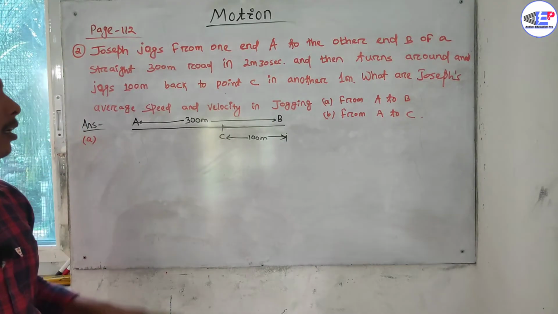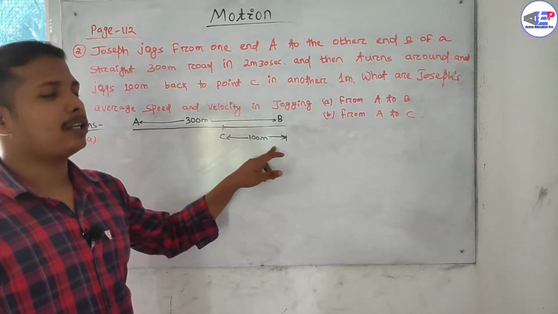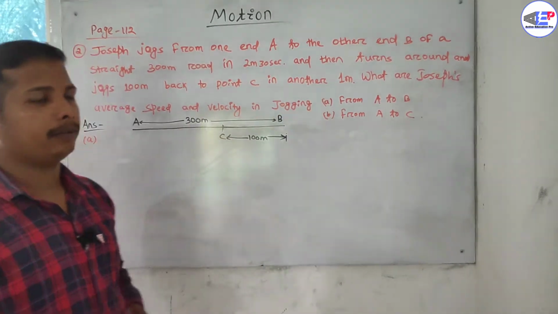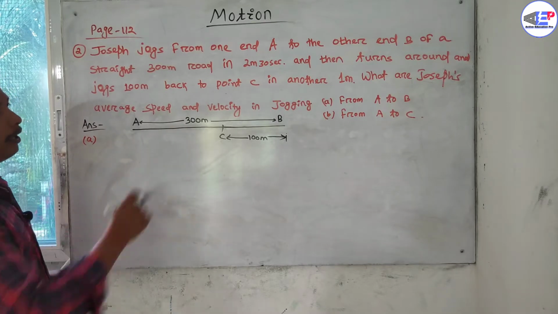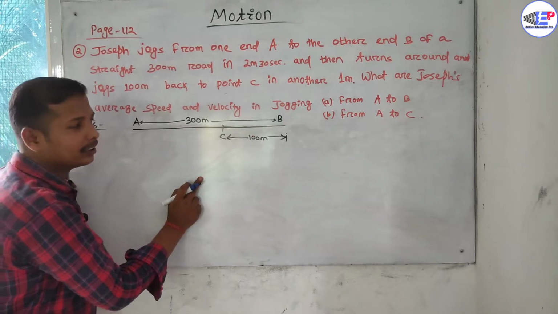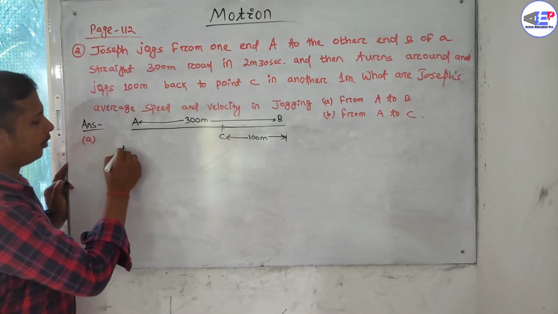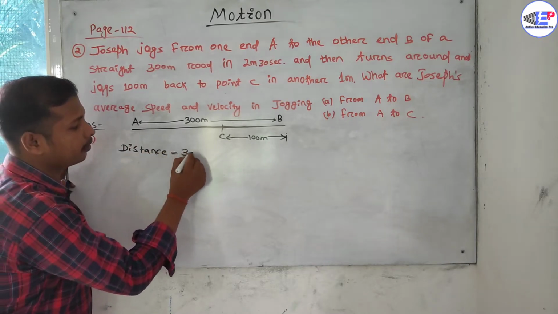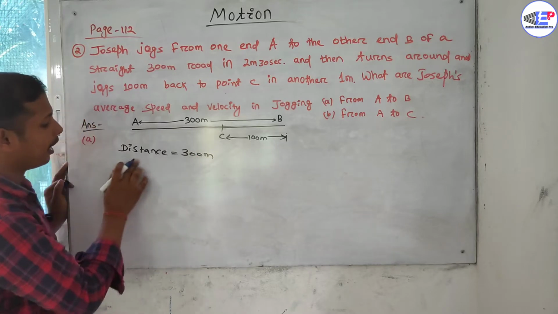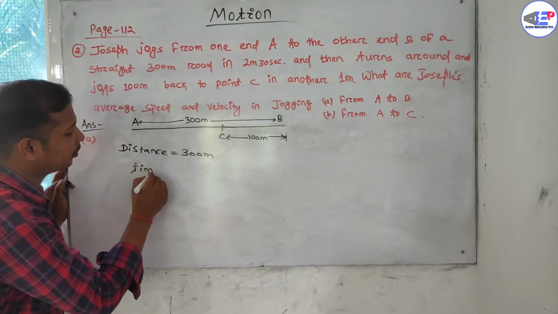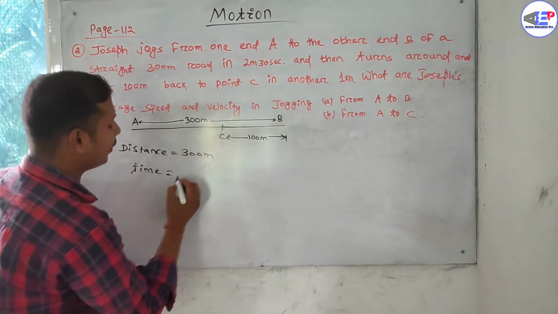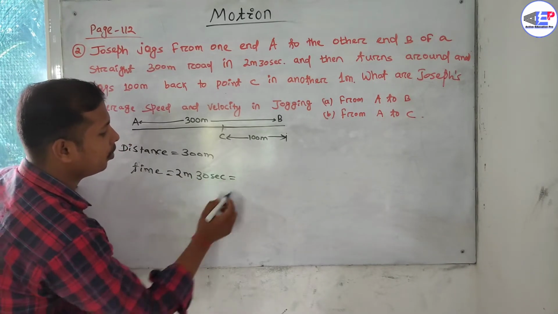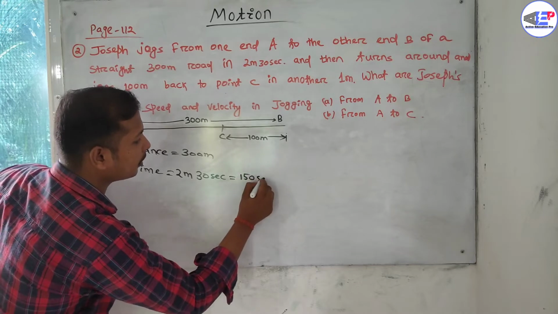Let us calculate average speed and velocity from point A to B. Here from point A to B, the distance is 300 meter and time is 2 minutes 30 seconds, which is equal to 150 seconds.